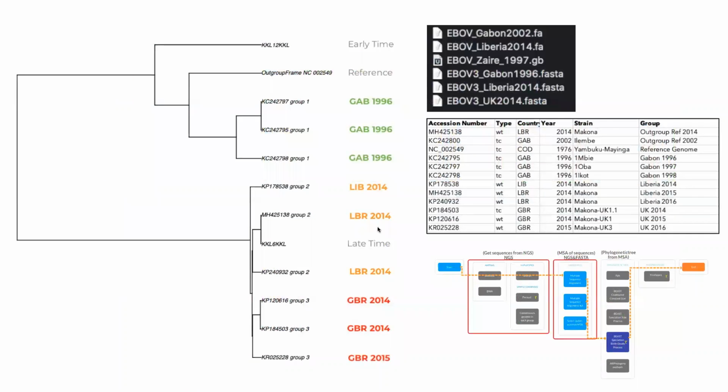We'll take those same 9 sequences that we already looked at. Those came from Liberia, Gabon, and Great Britain. And we will create a simple pipeline, do these steps.